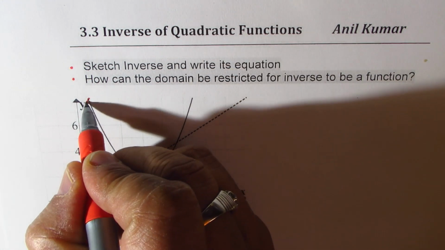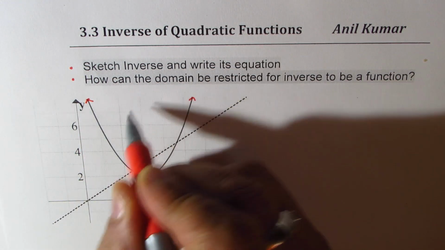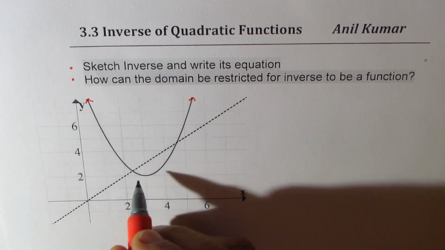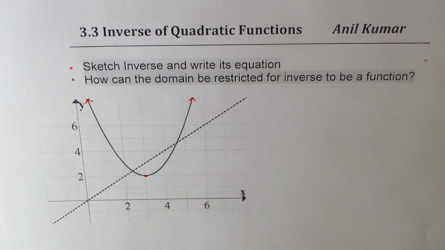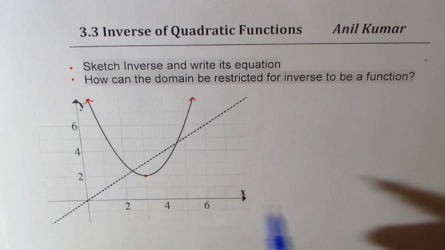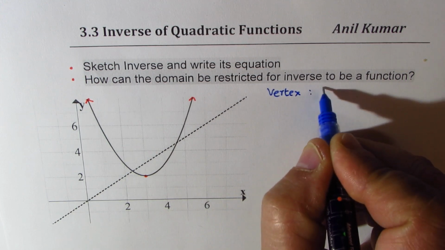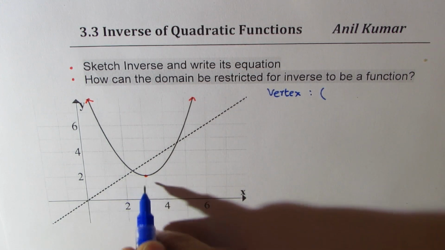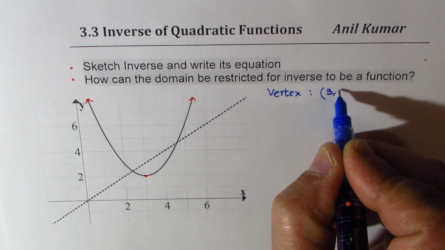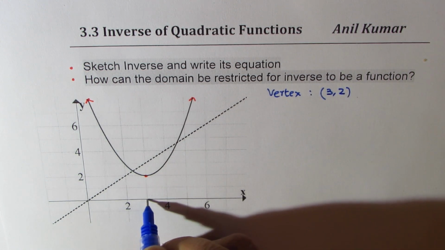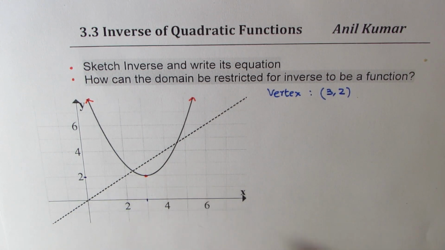So the graph over here is a parabola which opens upwards. It has vertex at a point which I could write here as, let's write down here, vertex is at a point which is 3, 2. So this is 3 and that is 2.